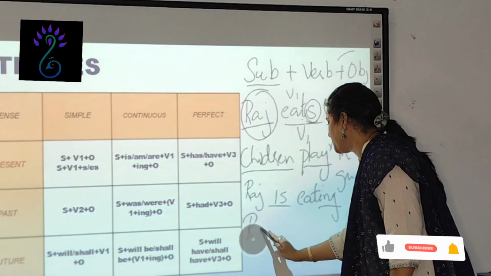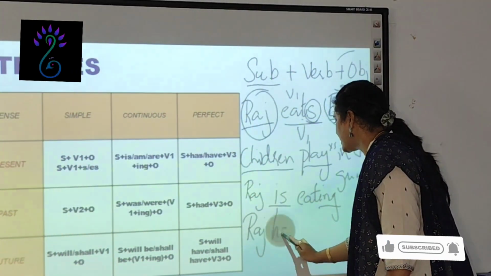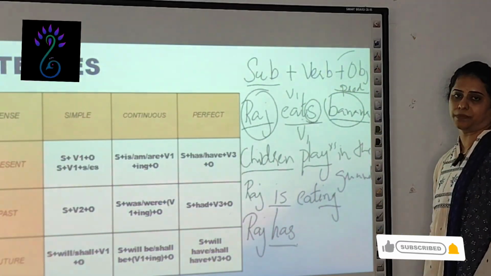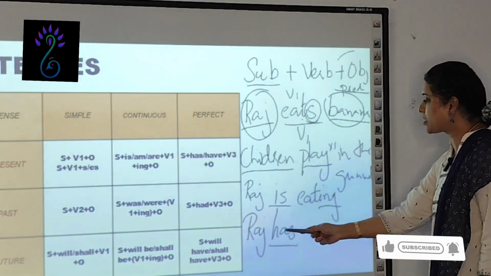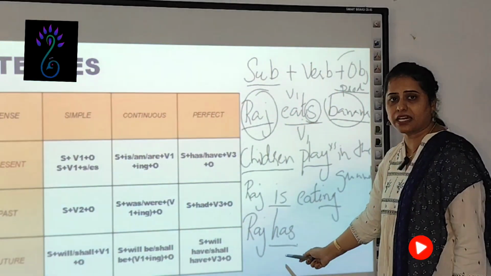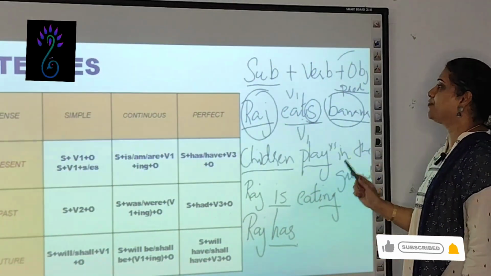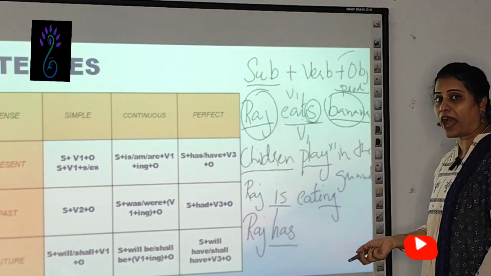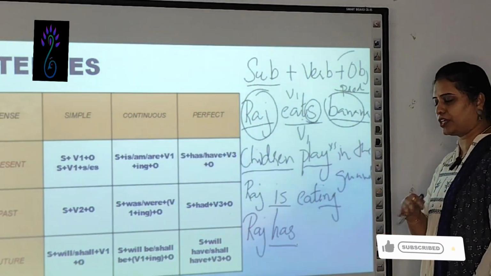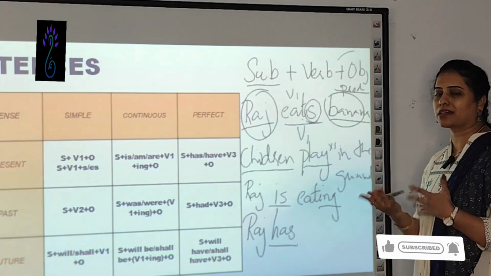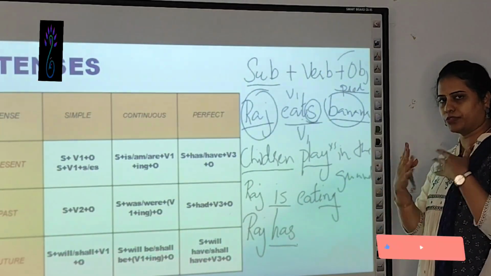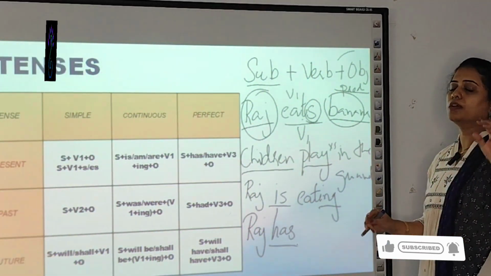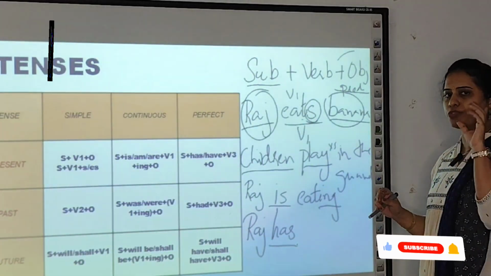Raj has is used in the perfect tense. It is present perfect. So we will use has or have. Has for singular and have for plural. For I and you we use have. I have, you have. Though I is singular, we use have. You is considered either singular or plural, so you should use only have.